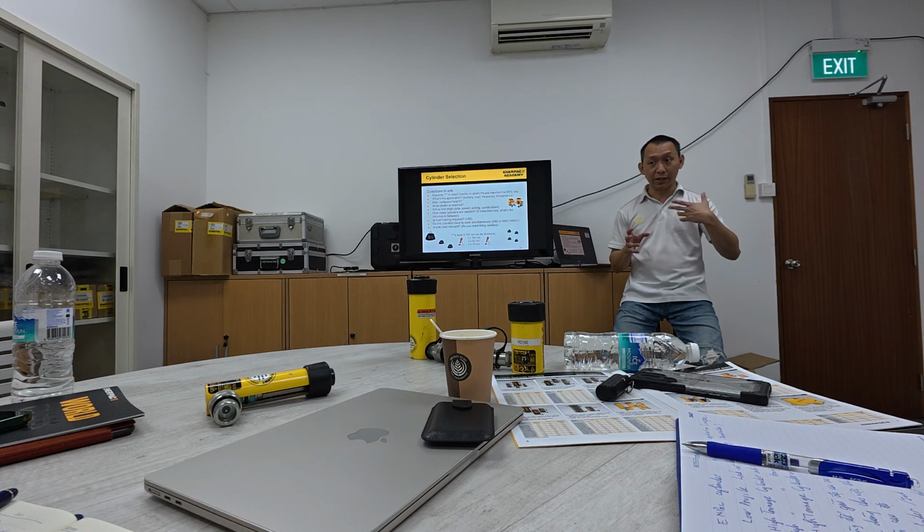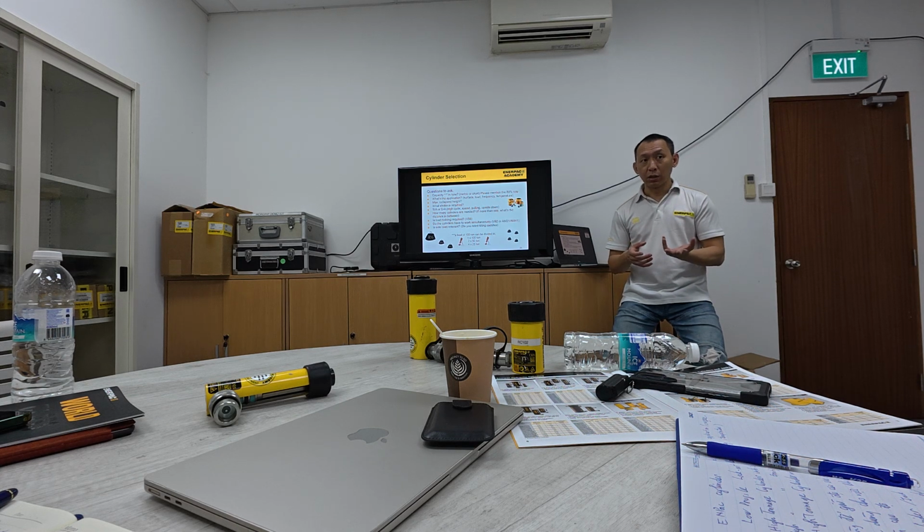Maybe you can ask them what type of cylinder and what type of system they are using currently. High chances are they will tell you it's low pressure, because that type is usually for low pressure.